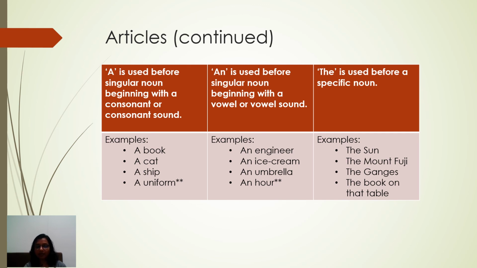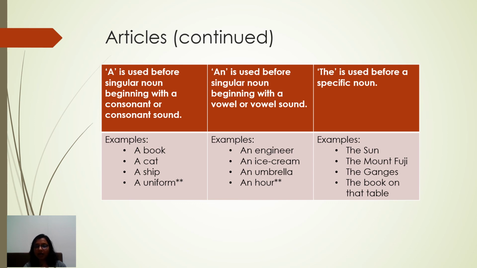The last example, an hour. Now H is clearly a consonant. Still we are using an. Why so? Because when you say it, you will understand. An hour. It gives out the vowel sound, right? Here H is silent and that is why we use an.